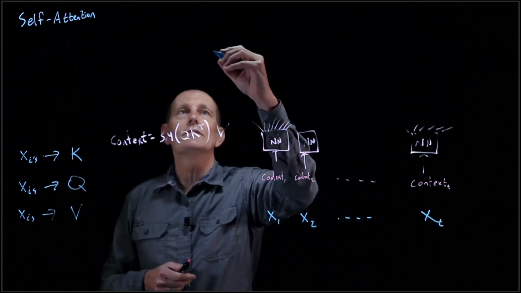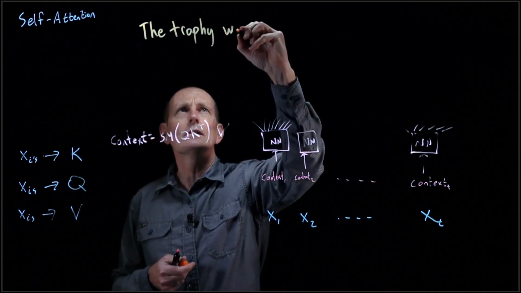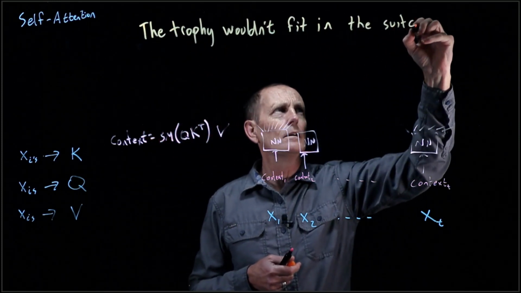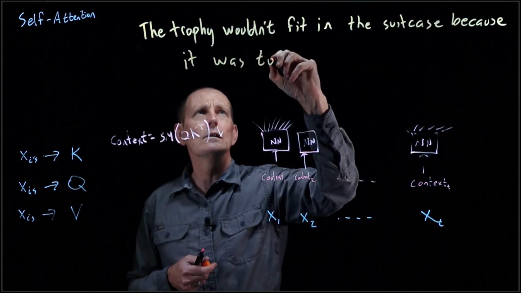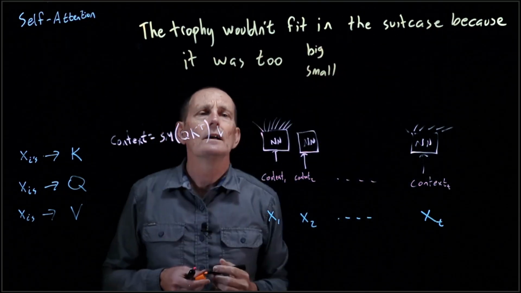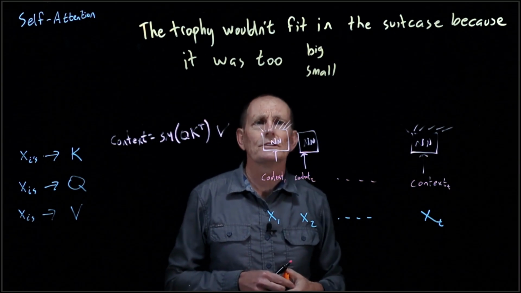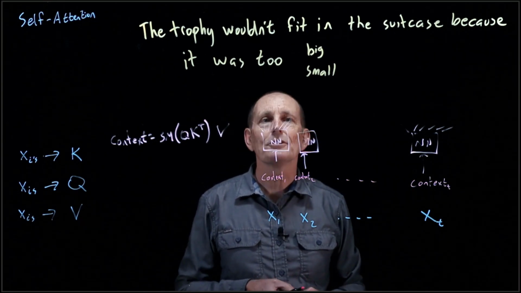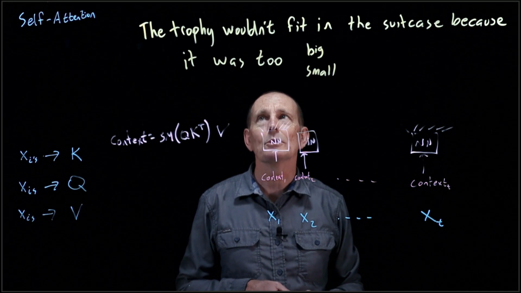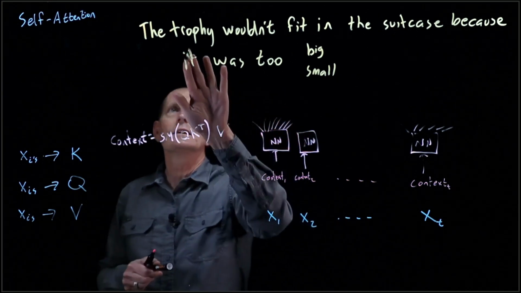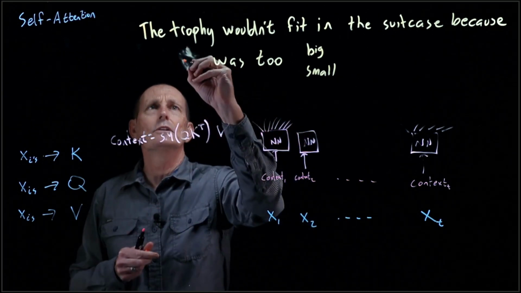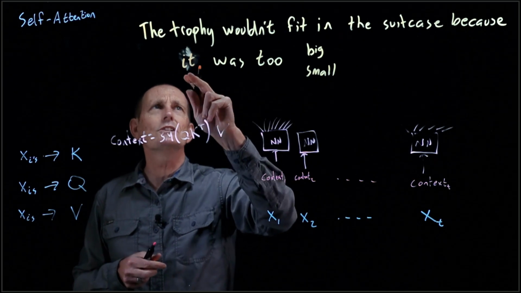Okay. So we've got two sentences. The trophy wouldn't fit in the suitcase because it was too big, or the trophy wouldn't fit in the suitcase because it was too small. Now let's say we want to know, for it here, which is it referring to?